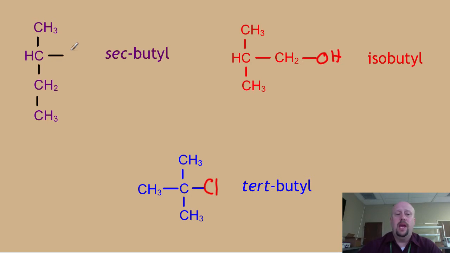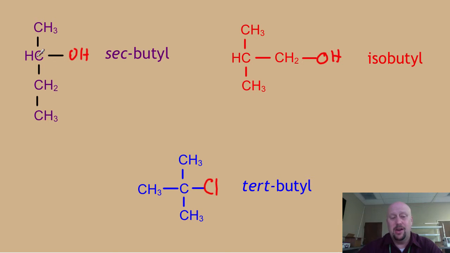So if we added our OH here, okay, for our alcohol group, then this would be what is called sec-butyl alcohol. And the reason we would call it sec-butyl alcohol is because the alcohol group, the hydroxyl group that makes it an alcohol, is attached to the second carbon, or really not the second carbon, but the secondary carbon in this butyl group.